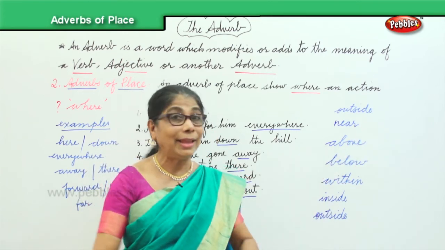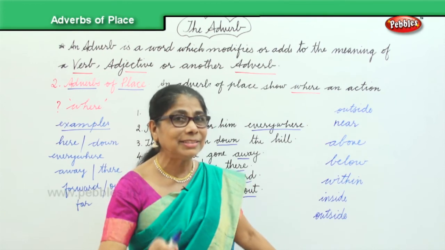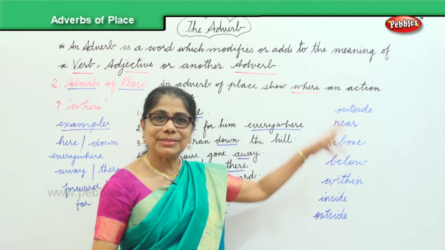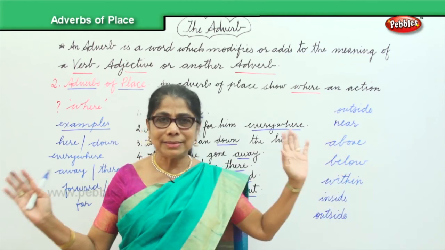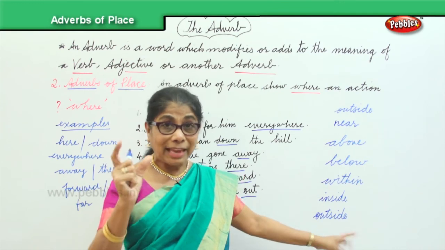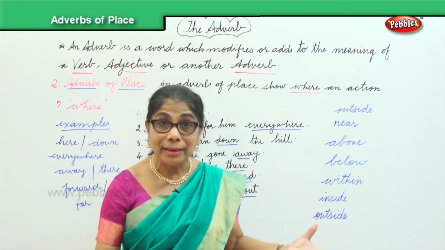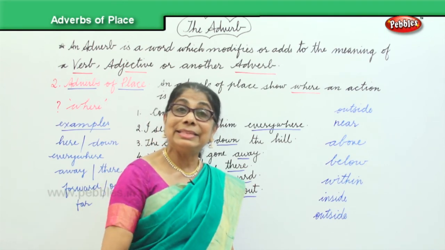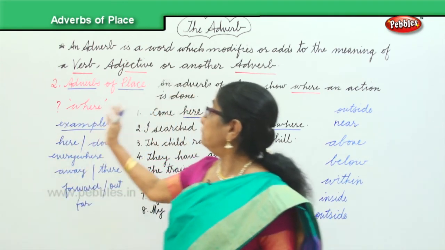All these words answer the question where. So when you identify the adverb, and if it answers the question where the action is done, then you know very clearly it's an adverb of place.